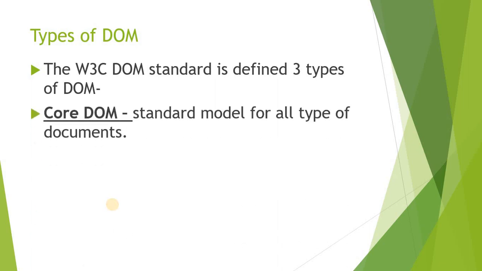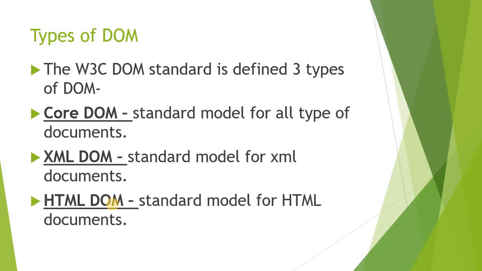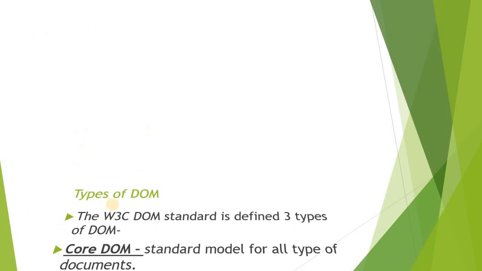First one is core DOM. Core DOM is a standard model for all types of documents. Next is XML DOM. It is basically used for XML documents. HTML DOM is a standard model for HTML documents.